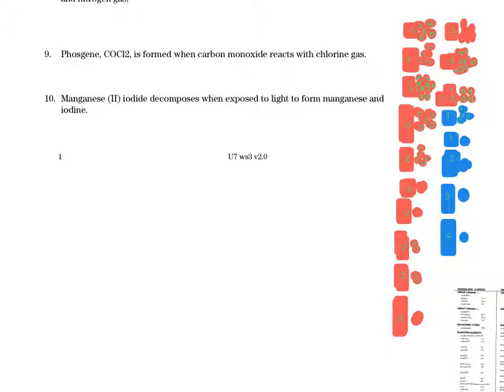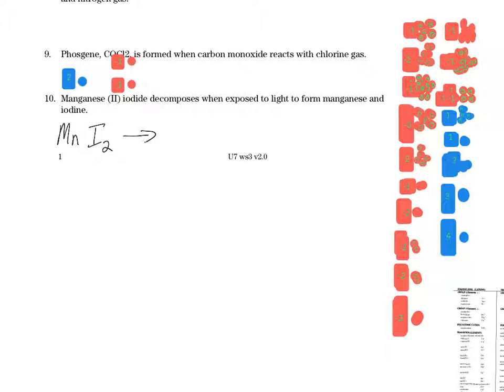All right, the next one I'm going to do is number 10 here. Manganese 2 iodide decomposes when exposed to light to form manganese and iodine. So manganese 2, it's telling me that the manganese has a +2 charge. Iodine has a -1 charge. So I'm going to need 2 iodines to balance off the charge on the manganese. So the formula for this is going to be manganese with 2 of the iodine.